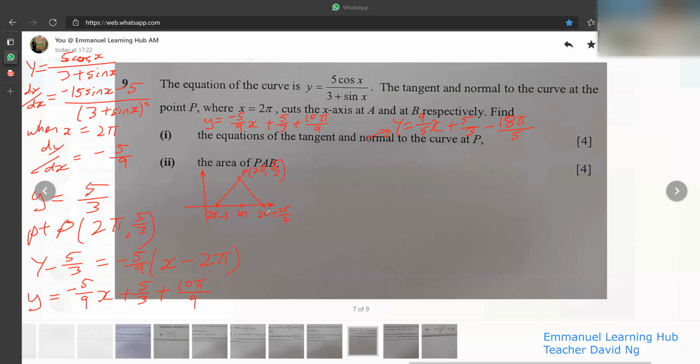So the normal cuts at here, cuts at B. So if this normal, right? So when this is 0, x will be equal to this.